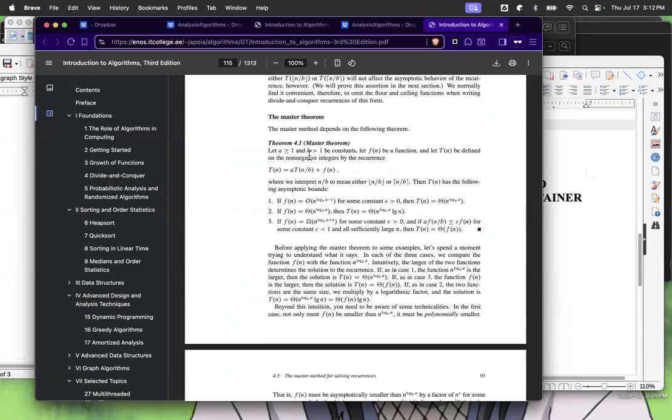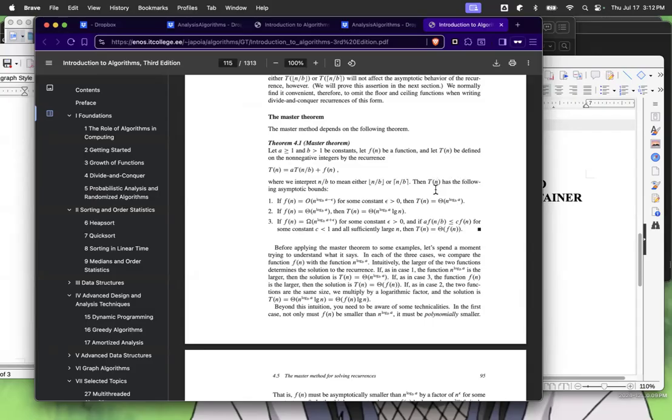You have a greater than or equal to 1 and b greater than 1. Those are the constants. Let f of n be a function and T of n be defined on the non-negative integers by the recurrence T of n equals a times T of n over b plus f of n, where we interpret n over b to mean either n over b, the floor of n over b, or the ceiling of n over b.